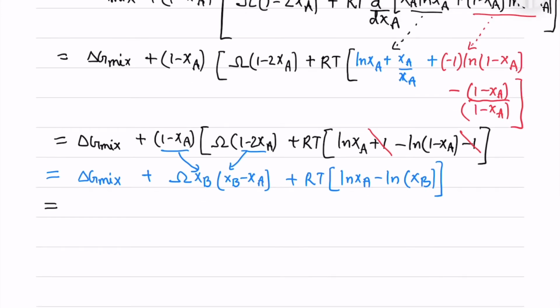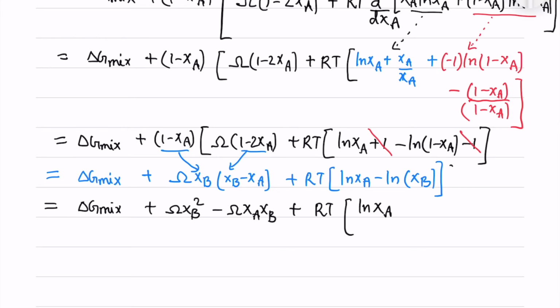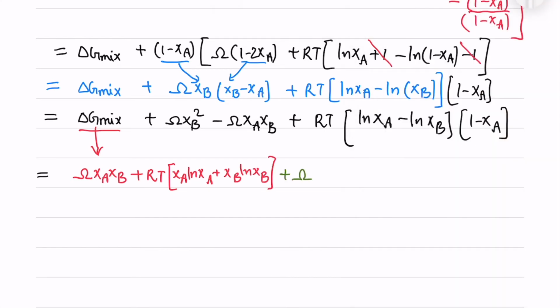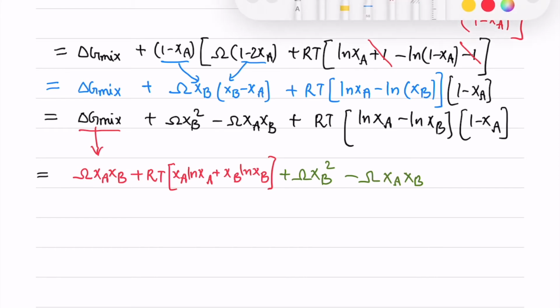Now I expand my delta G mix, after making a very clear expansion. So I write down the formula of delta G mix, and I write down the other part.